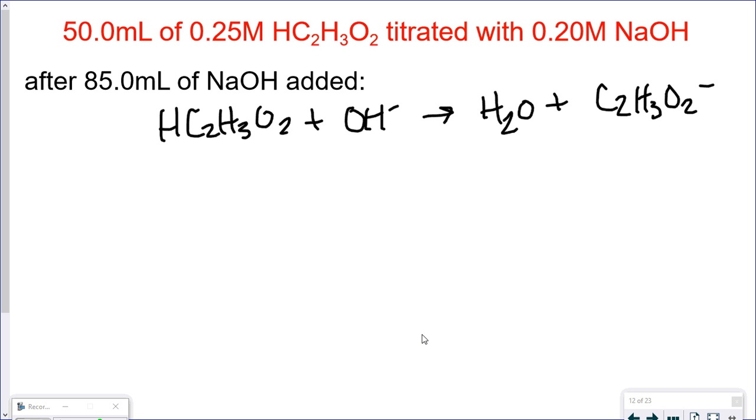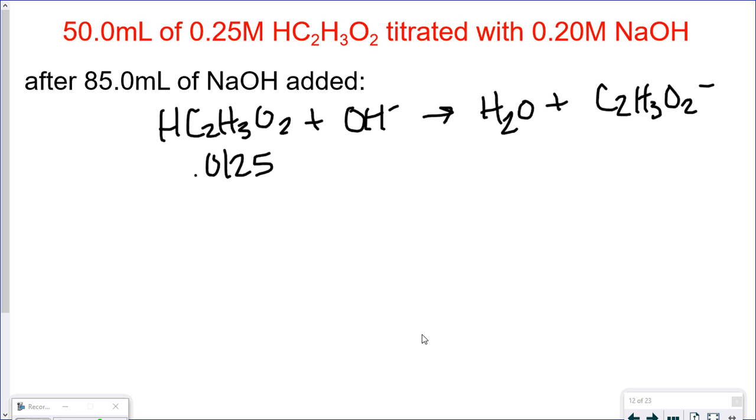Remember, we started with 0.0125 moles of acid, because when we're neutralizing, we neutralize moles. If we do the 0.2 molar sodium hydroxide times 85 milliliters, that is 0.017 moles of our base, and we had none of our conjugate base.